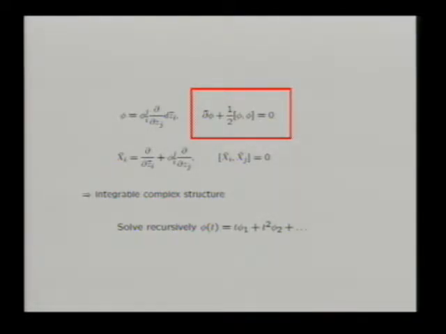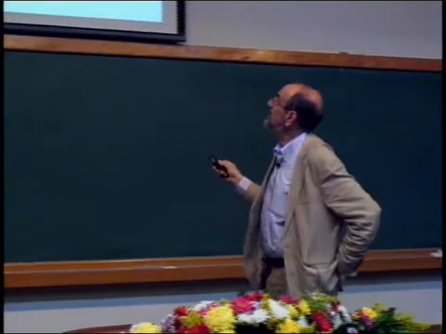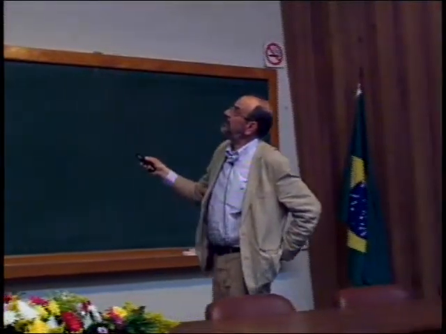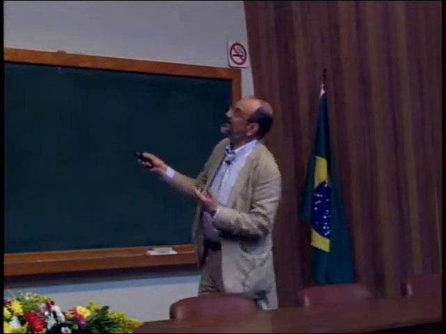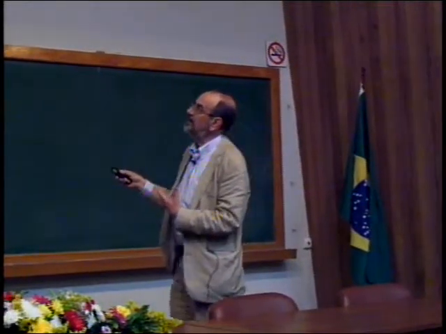So suppose you can solve this nonlinear differential equation. Then if you write xi bar as this vector field, a mixture of d by dzi bar terms and d by dzi terms, this is equivalent to saying that these vector fields commute. And that, with the Newlander-Nirenberg condition, is equivalent to saying that these vector fields span the 1-0 or the 0-1 vector fields of a complex structure.